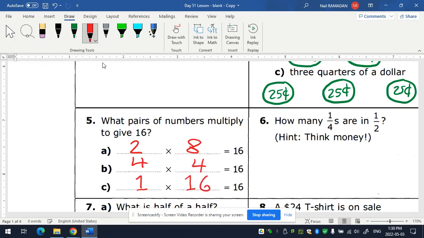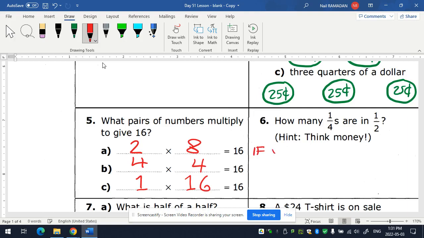Perfect. Okay. How many fours are in a half? I know, and I agree with the question. Hence, think money. Sorry, not fours. How many 1/4 or quarters are in a half? Or saying, how many 25 cents are in 50 cents? Okay, I want you to write this down.